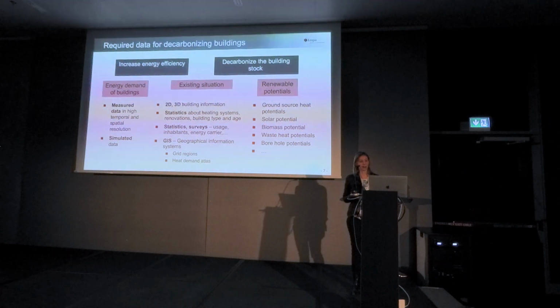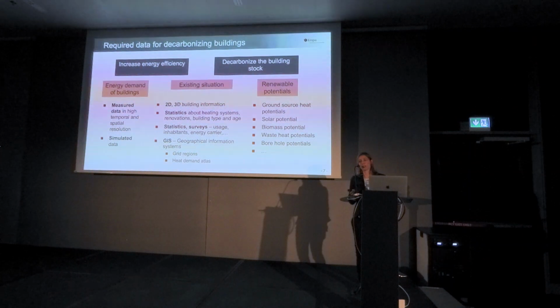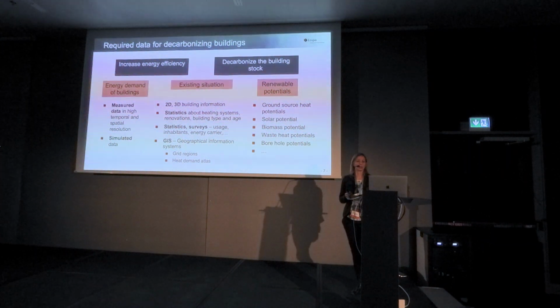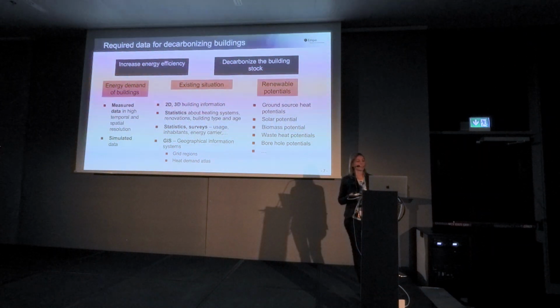There are a lot of statistics which we can use about heating systems, building renovation, and how people actually behave, and also geographical information systems on grid regions, heating demand atlas, and so on. And we need to know also the renewable potentials: ground source heat pump potentials, PV, biomass potential, and so on.